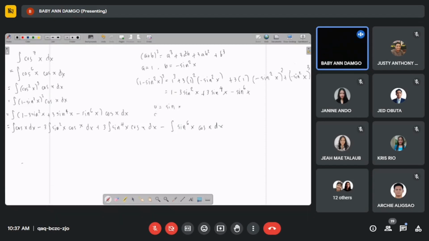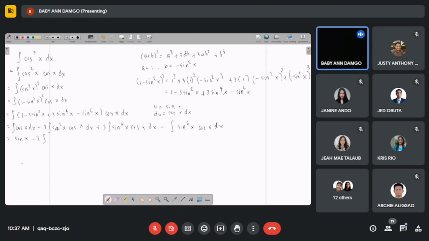Okay, so our du here is cosine x dx. So the integration of cos x, we can do it directly, so we have sine x minus 3 integration of sine squared x, so we use substitution.